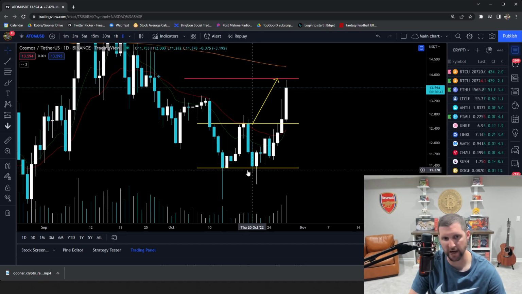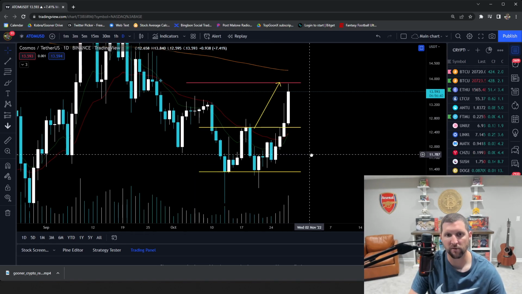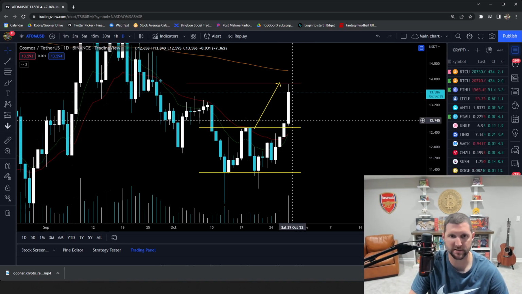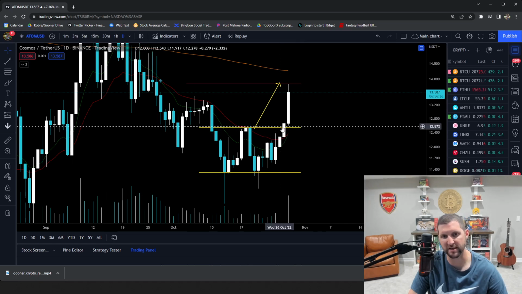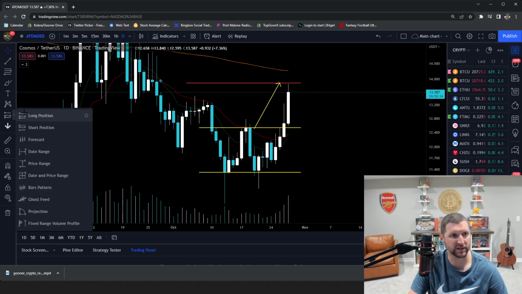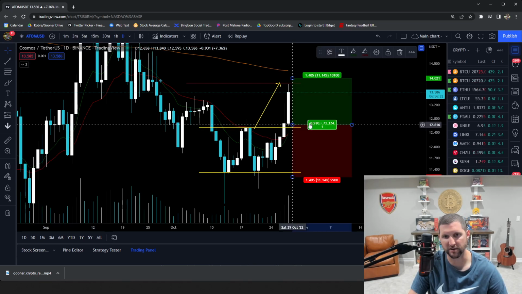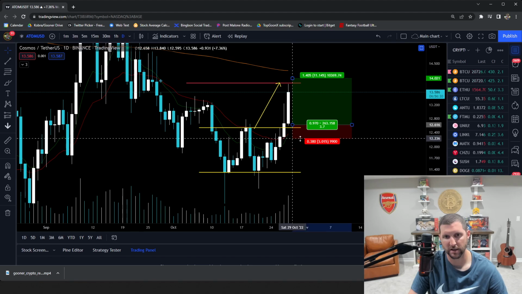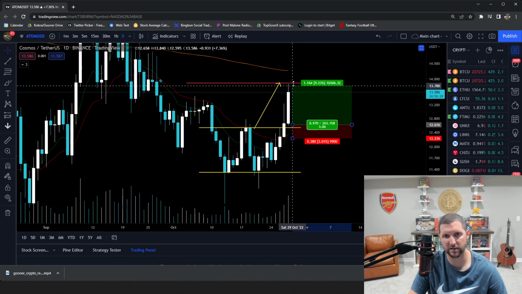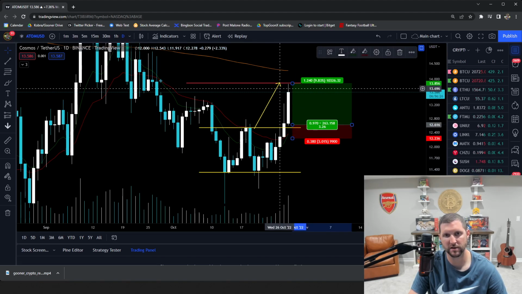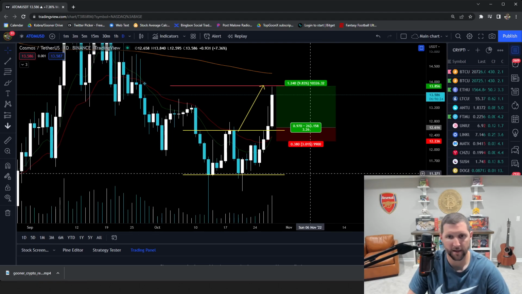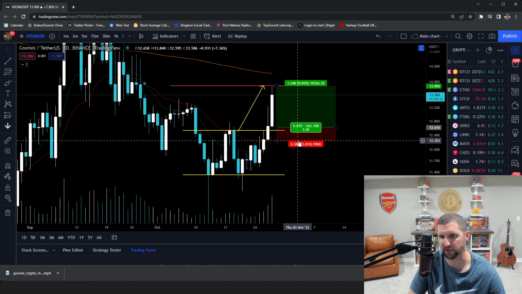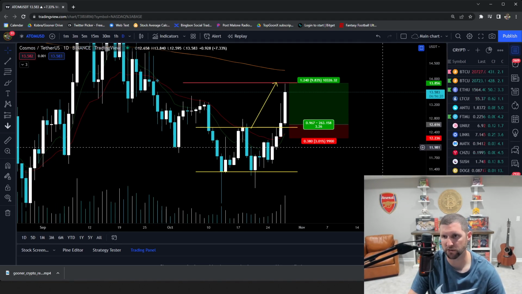You could try to buy here and hope that it holds, or you could wait for the confirmation piece, and your confirmation would have happened yesterday on this close. So once you get that close, you're basically looking to enter this retest here. I can put a stop loss here, and my target is going to be the length from here to here, which is already measured out. Excuse me, and I have a 3% risk to a 10% reward. Beautiful risk to reward. Great trade, nice reversal pattern.